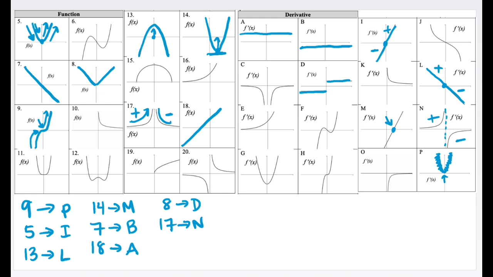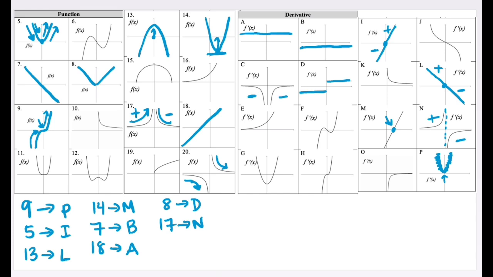Let's see. Here's another one that has an asymptote. So number 20 does. But number 20 is decreasing and still decreasing. So this one's going to be negative the whole time. So you're looking for a derivative that's always going to be below the x-axis. This one's negative here and negative here.